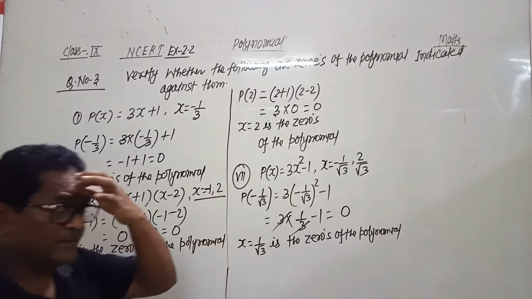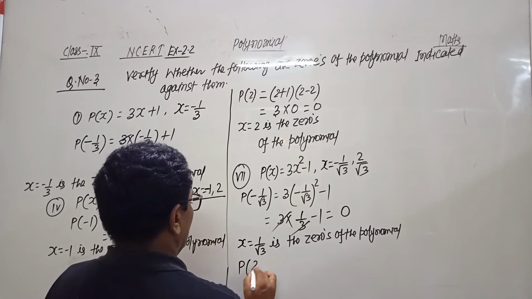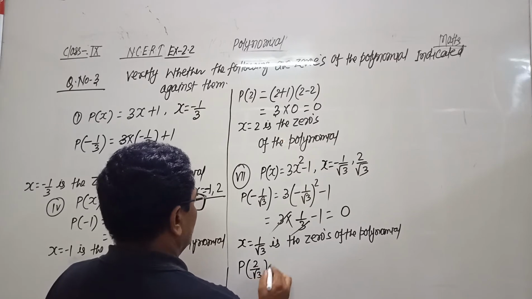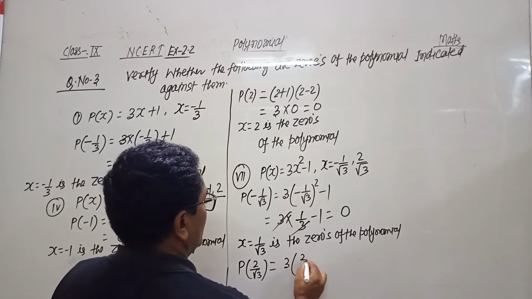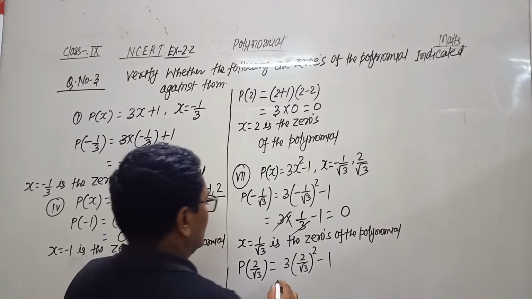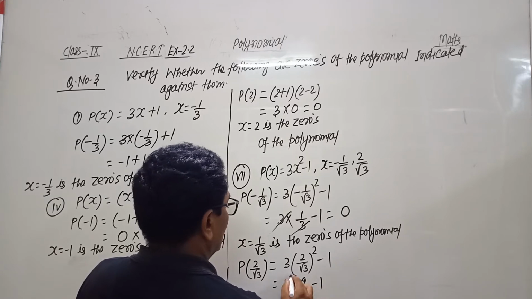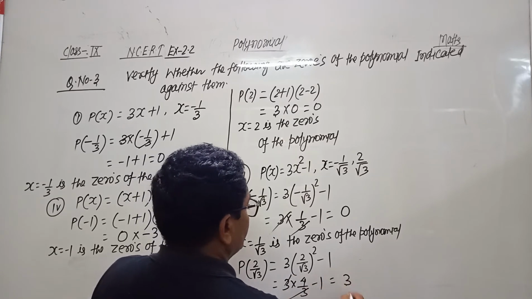In the same way, now we put the value of x equals 2 by root 3 and we calculate p of 2 by root 3. So 3 into (2 by root 3) the whole square, minus 1. So 3 into 4 by 3 minus 1, and it gives 3.